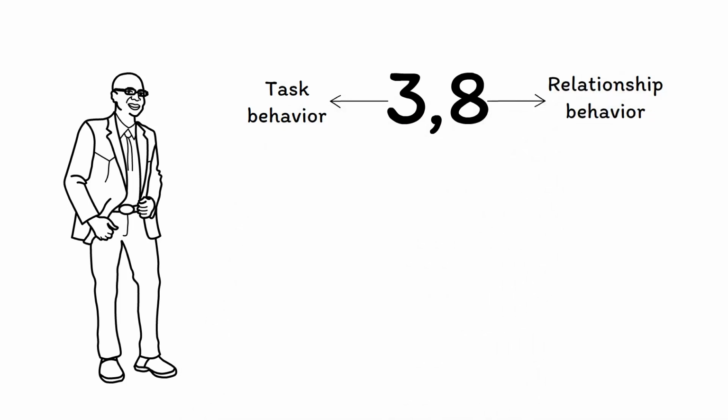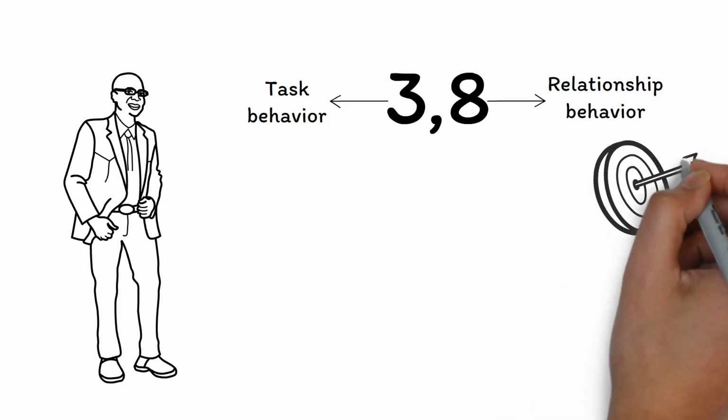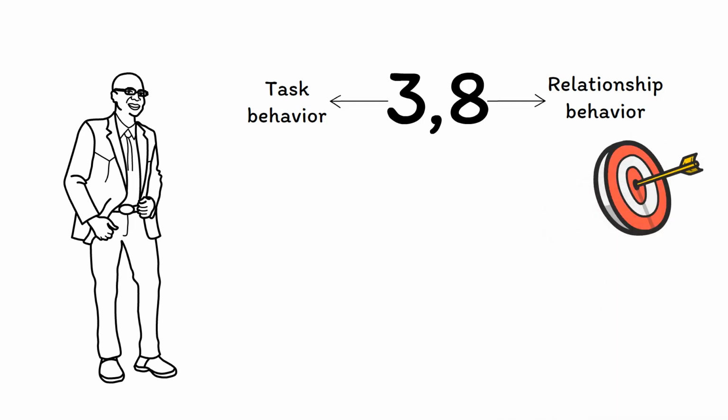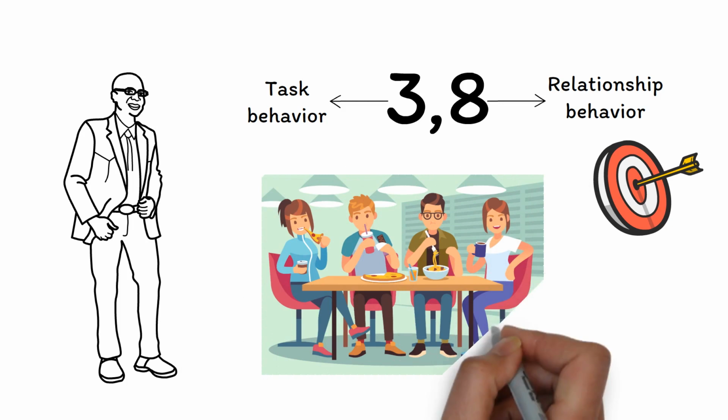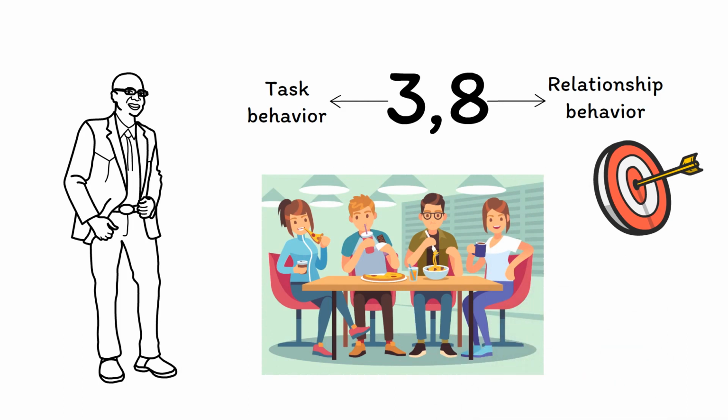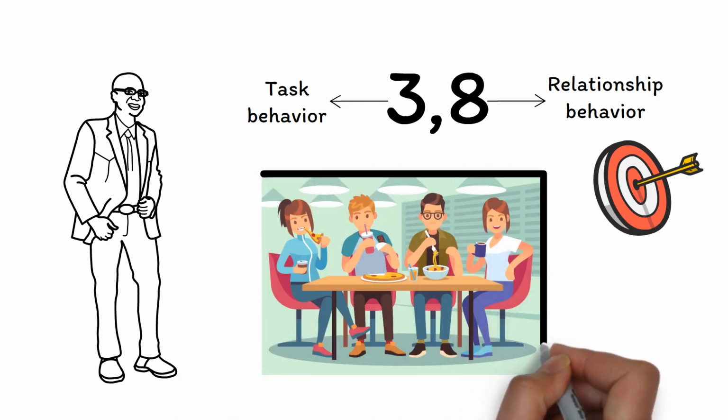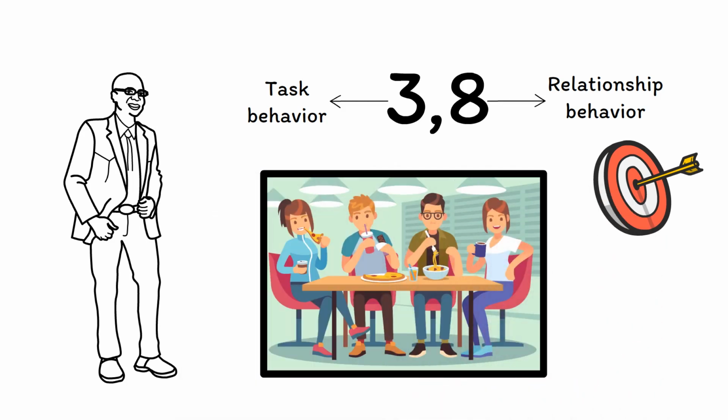To evolve into a team management style, which is characterized by high task and high relationship behaviors, Andrew would benefit from coaching that encourages him to also focus on the team's productivity goals. This might involve fostering team unity through activities like hosting a dinner, a method that strengthens team bonds while aligning personal relationships with organizational objectives.